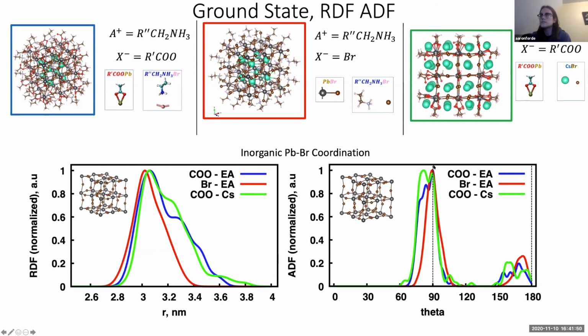So that means that for the ammonium bromide model, all of the bond distances are like an ideal octahedral coordination, because for an ideal octahedral, all the bond angles would be 90 degrees.